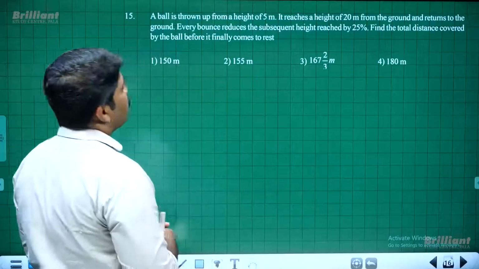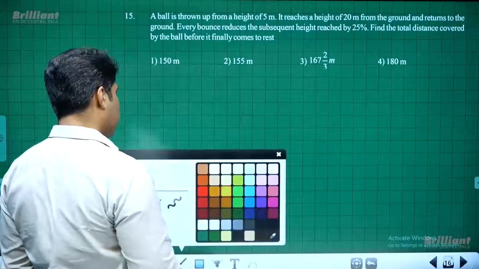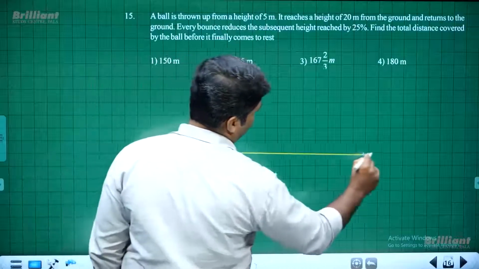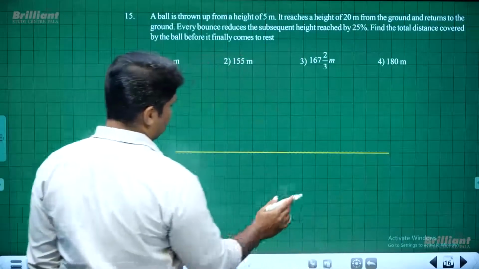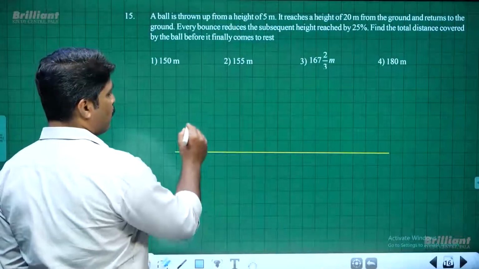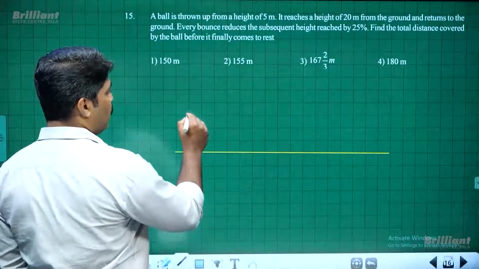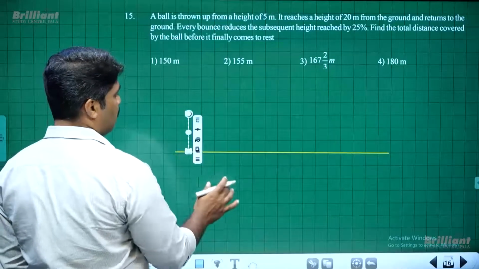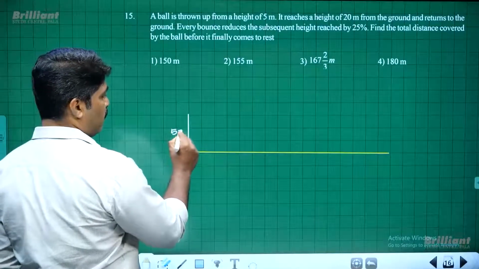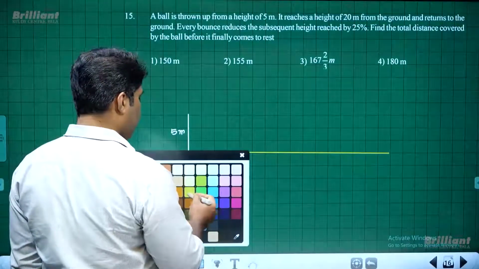A ball is thrown up from a height of 5 meters. First of all, we have to think about the ground; let's consider the visualization. There's a ground, and from 5 meter height, this ball is thrown.